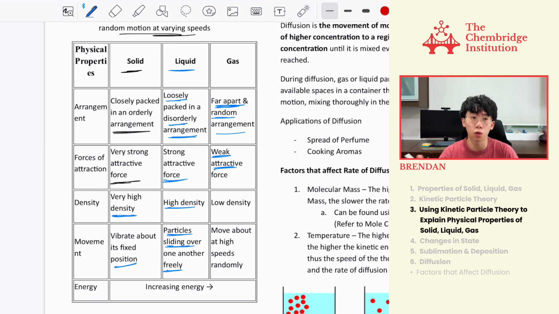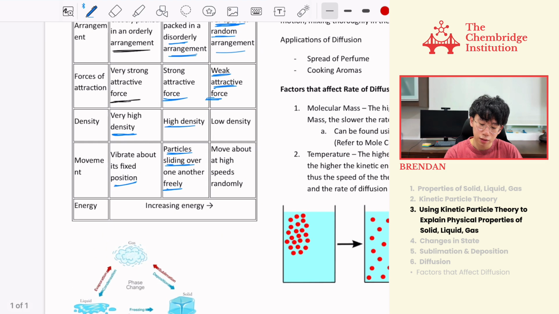Gas has the lowest density, and the particles move about at high speeds randomly. In terms of energy level, the energy level of the particles increases from a solid to a liquid to a gas. So please bear that in mind.